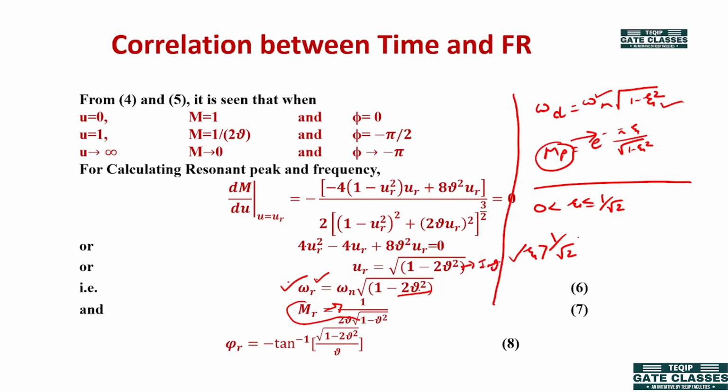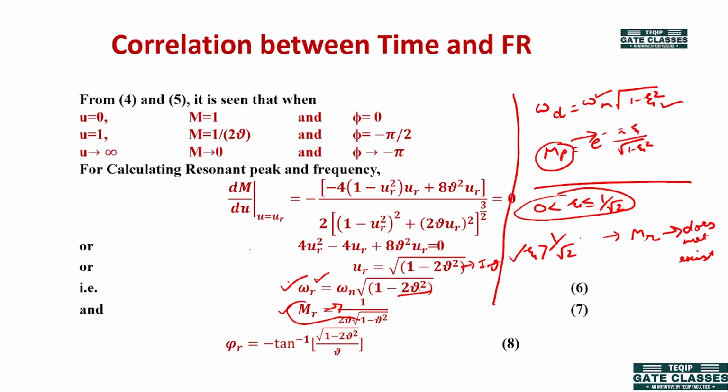So when zeta is greater than 1 by root 2, our Mr does not exist. And when zeta is in between 0 to 1 by root 2, we get the maximum overshoot at this value.